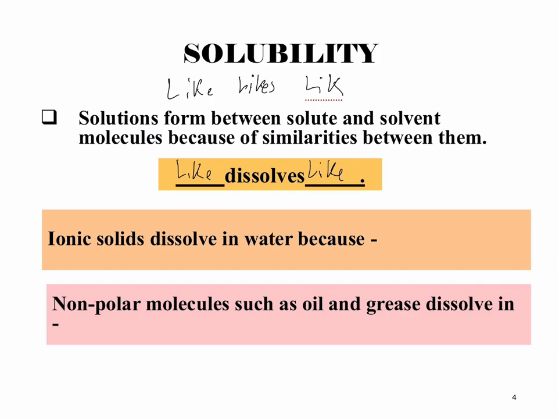What that means is that if you have two polar things, they will make a mixture with each other, right? Ionic solids dissolve in water because water is a very polar molecule, so it can help surround the charges in ionic solids. Oil and water don't mix because water is very polar and oil molecules tend to be non-polar, right?